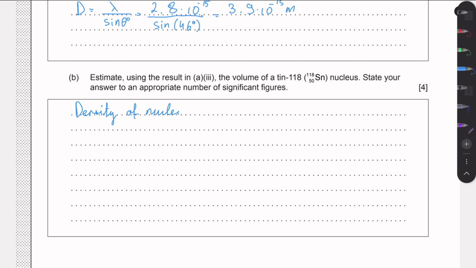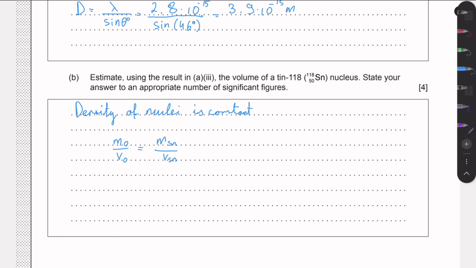Or in ideal conditions, it's constant. Density of nuclei is constant. So what this means is that the mass of the oxygen divided by the volume of the oxygen nucleus is equal to the mass of the tin nucleus divided by the volume of the tin nucleus, as density is just mass over volume.